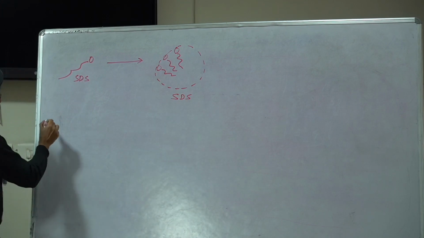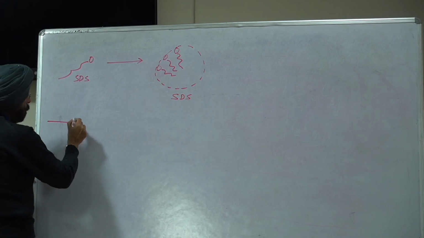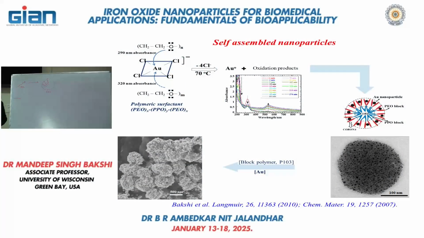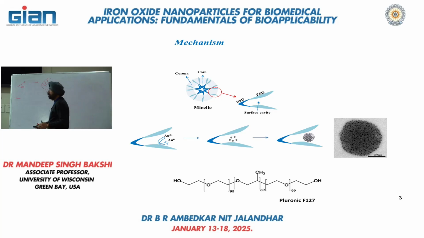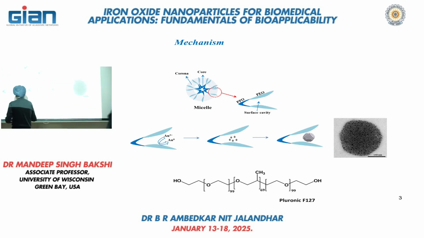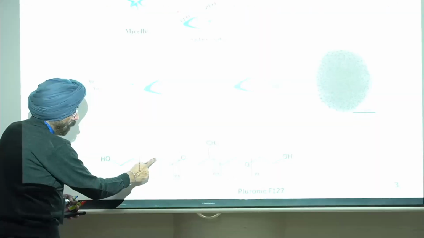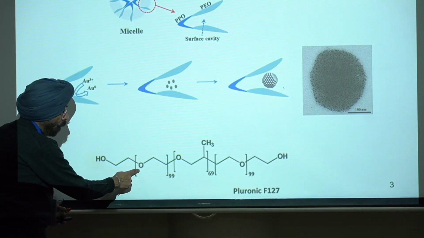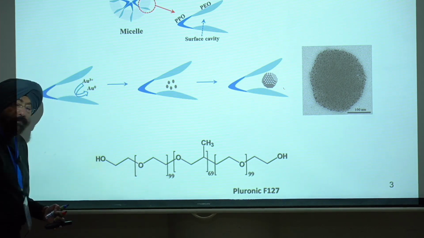But on the other hand, if I take a polymer, I think I have placed the picture of which polymer I am talking about, this one. If I take this polymer, you see, this one is polyethylene oxide, CH2, ethylene, oxygen, and you see the square bracket.